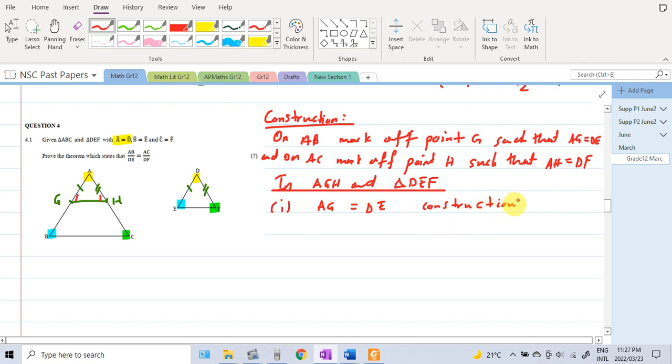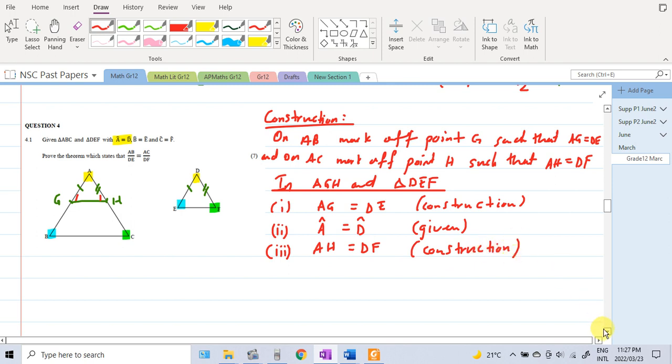Then second one, what we can say is angle A is equal to angle D, that's given. And the third one is AH is equal to DF, that's also by construction.